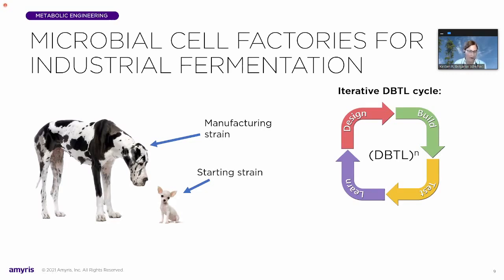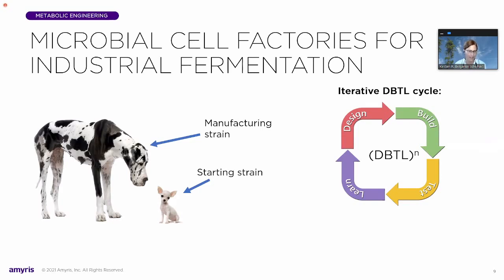And in the end, our manufacturing strains are as different from the starting microbial strain as a Chihuahua is from a Great Dane. And this is true both in terms of the behavior or phenotype of the strain, but also in terms of the genetics and genotype of the strain. So this is a major undertaking.